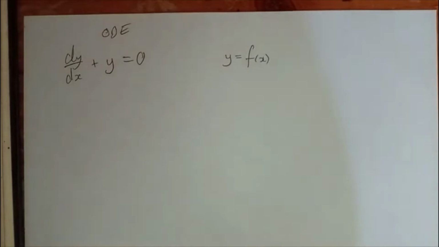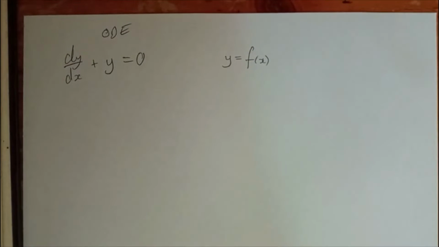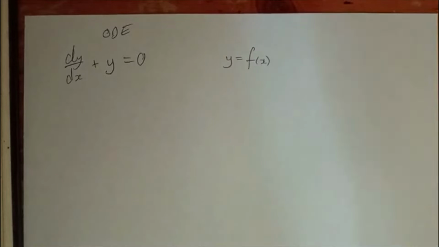There are no second, third, or higher derivatives. If it contained a second derivative, it would be a second order differential equation. If it contained a third derivative, it would be a third order differential equation. And just to clarify, the order of a differential equation is determined by the highest derivative in that equation.